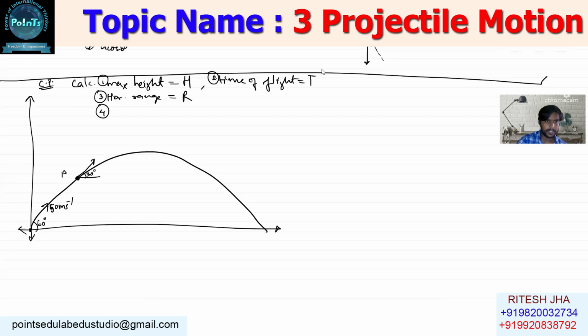To reach P, calculate the time taken. This is part A. Part B: the height covered.